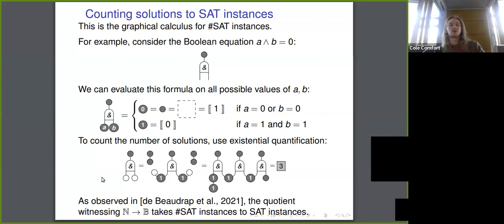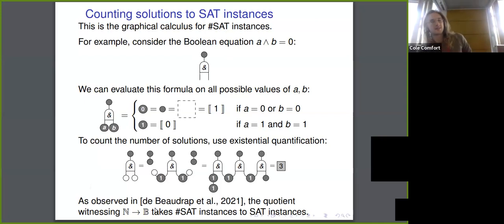You plug in 2 counting existential quantifiers. We manipulate this diagram along this way and then get the scalar 3. And that means that there's 3 possible satisfying solutions to this SAT instance here.